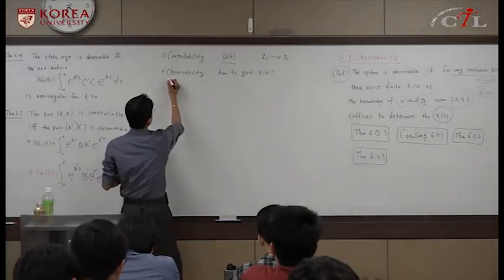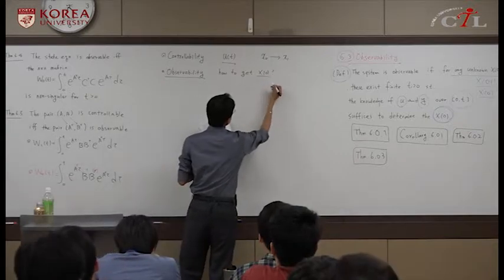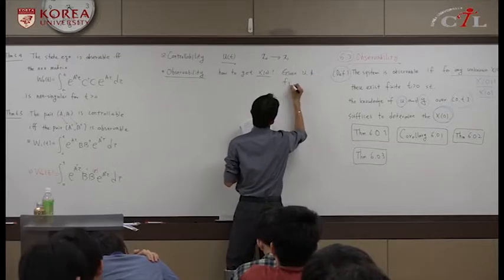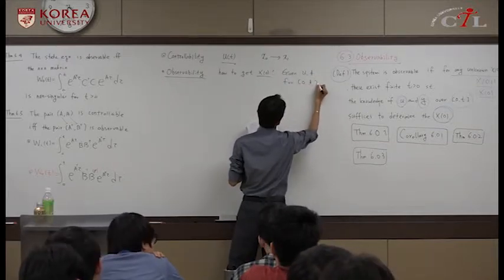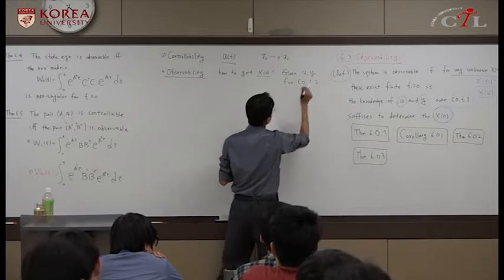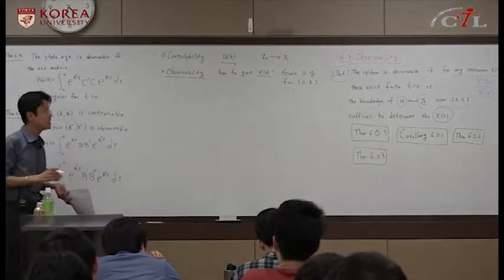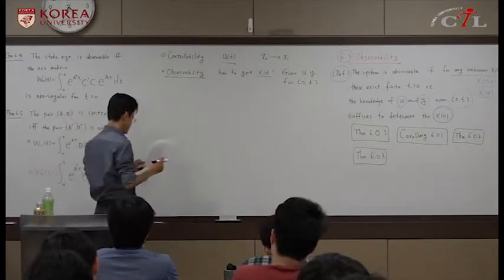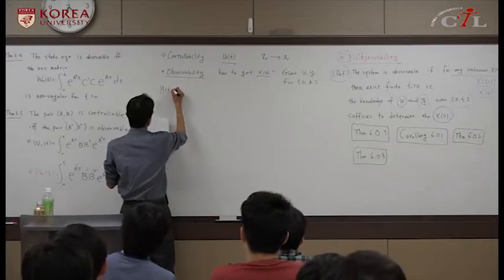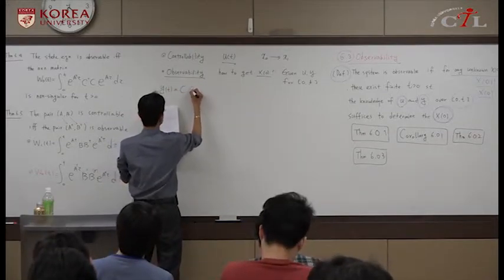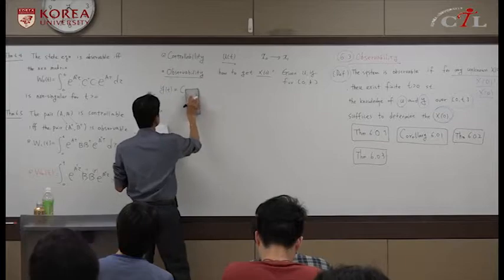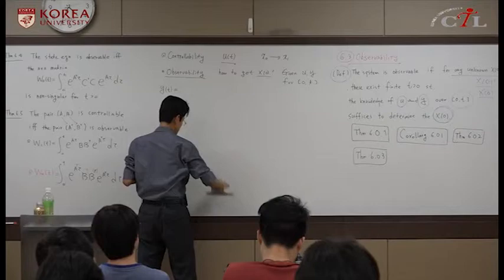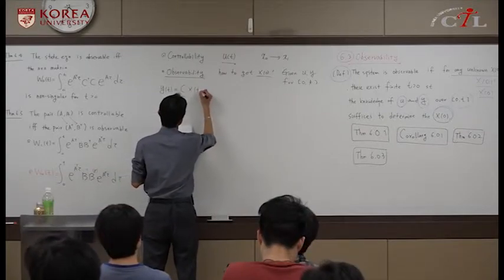Okay, let's take a look at it. How to find x naught given control input and measurement for a specific time being. How to trace back, how to identify the initial condition. The output y(t) is basically Cx(t) plus Du(t).